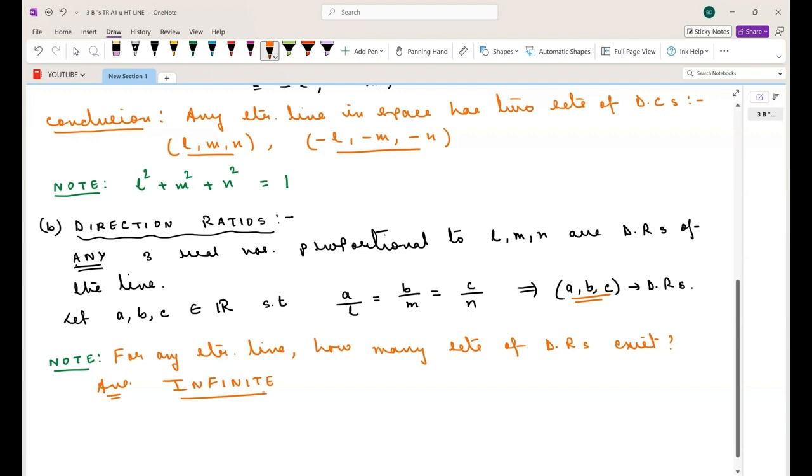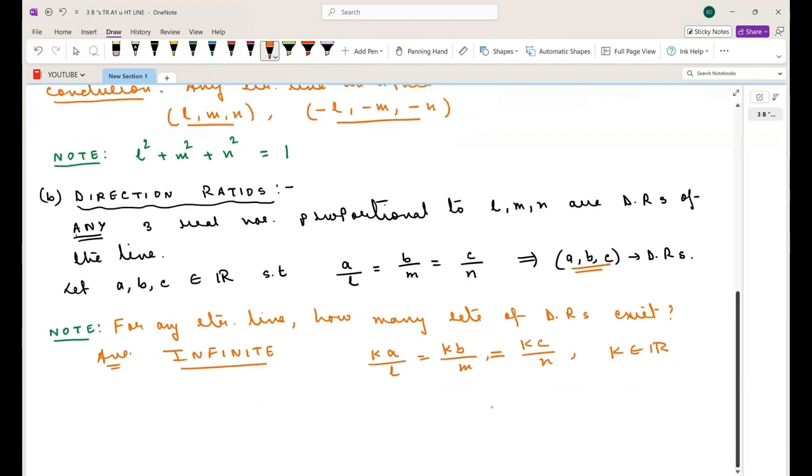Why? The reason is very simple. If A, B, C are proportional to L, M, N, then you multiply A, B, C with any real number, say K. Then KA, KB, KC, where K is any real number, will also be proportional to L, M, N. That means KA, KB, KC are DRs.